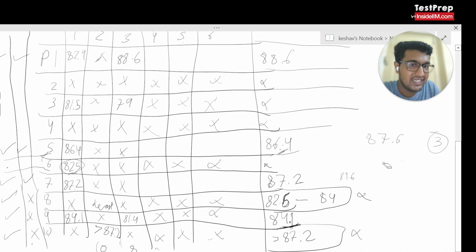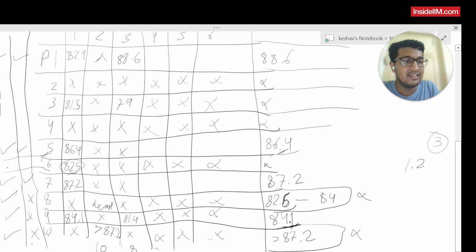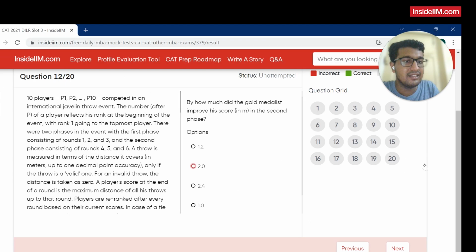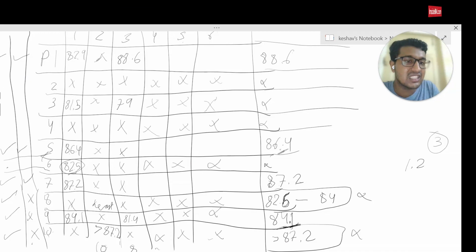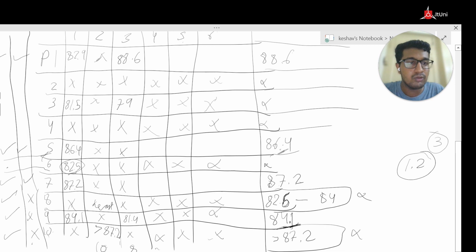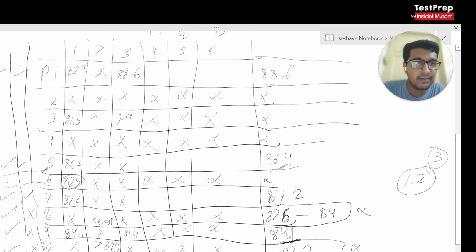So I'm left with just one option, which is 1.2 meters. I'm taking this data as a reference, but if you would have done it, you could have done it by just seeing the numbers. See, 1.2 is the only number which would have made sense because, as I was just mentioning, 88.6 seems like a middle number.